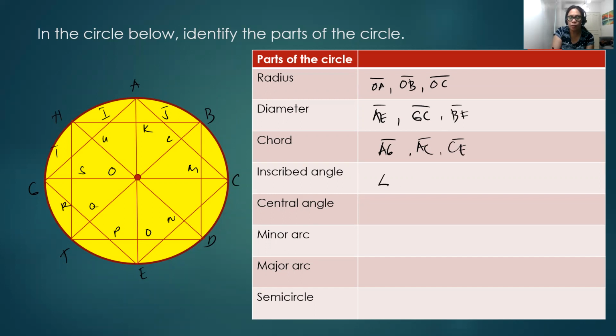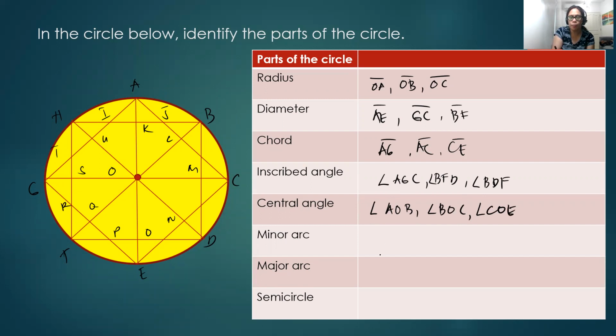Inscribed angle: the vertex is on the circle. So we have angle AGC, angle BFD, and angle BDF. For central angle, the vertex is the center of the circle. We have angle AOB, angle BOC, and angle COE.